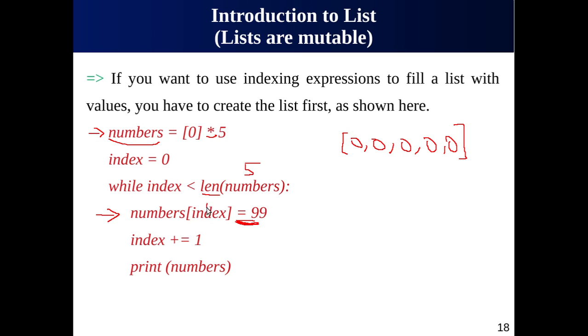Assign the list numbers index 0 the value 99. And after that, increment the value of index, so the new value is 1, and do the same thing. 99 again. How many times? 5 times 99. You can also change all the elements of the list with the help of the while loop.